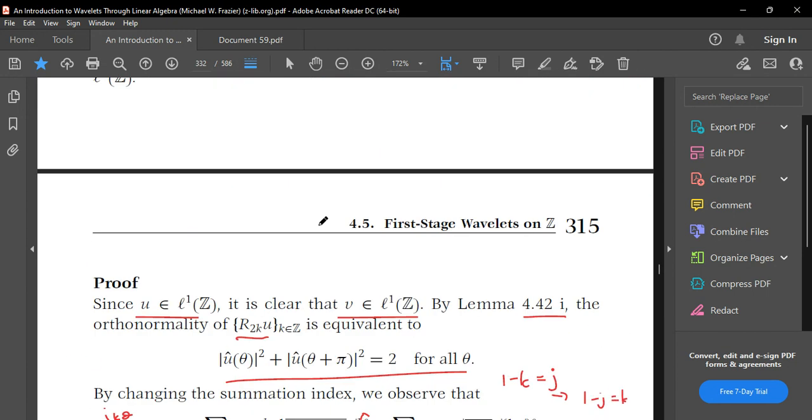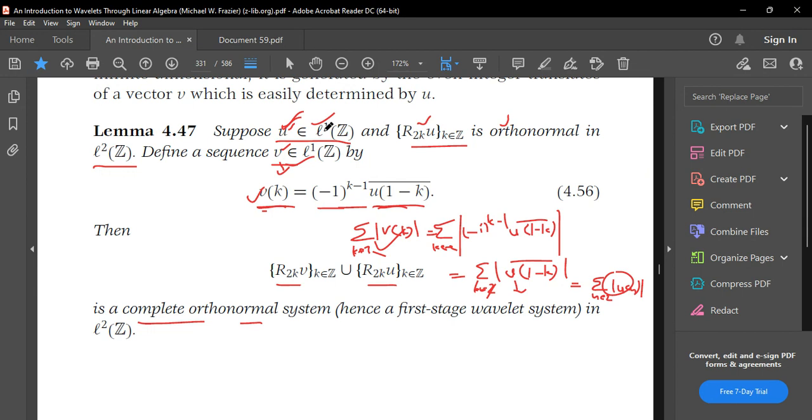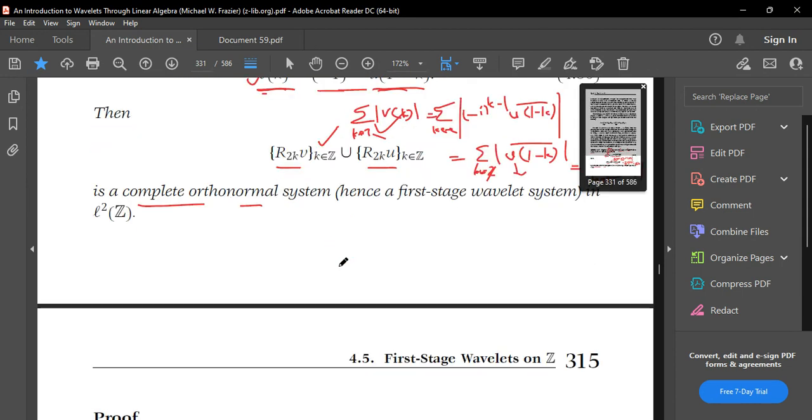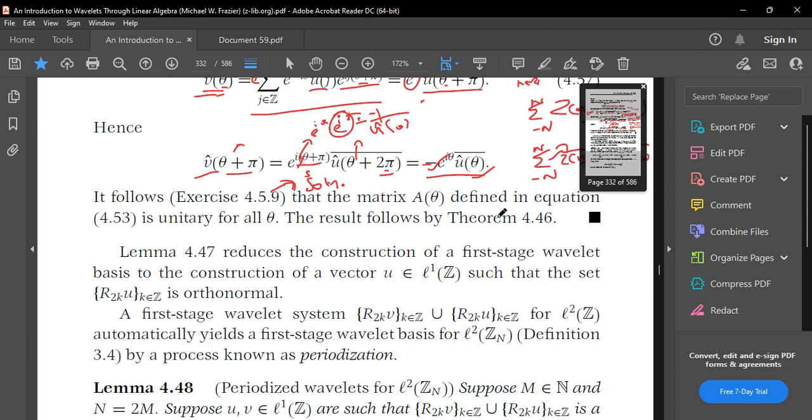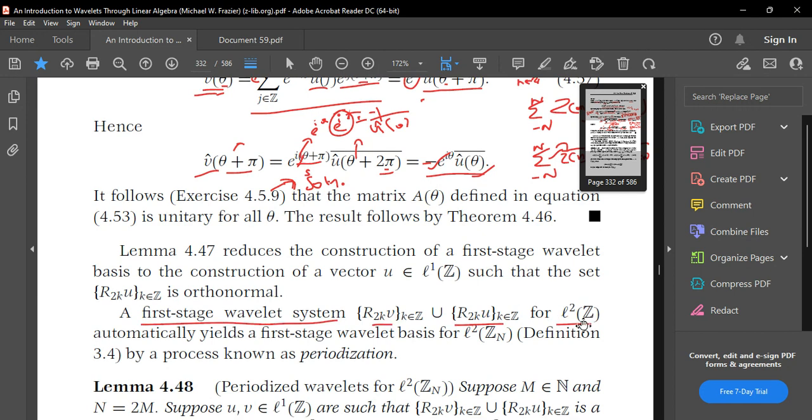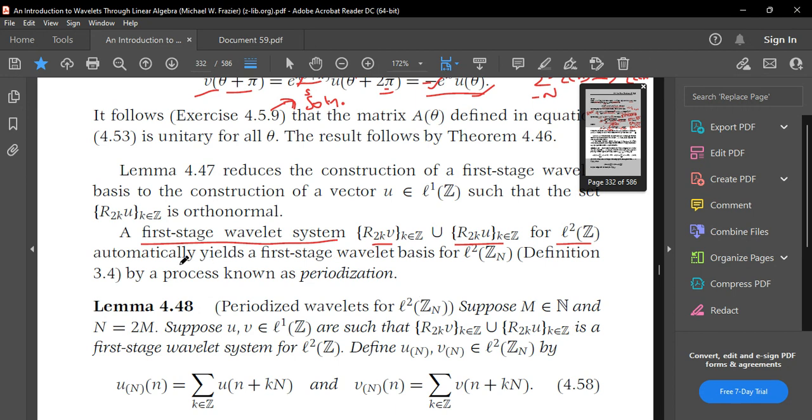So what we have proved is that if we take u such that R2k u is orthonormal, then construct v from u, and this set will be an orthonormal system, that is the first stage wavelet system. Now we produce a first stage wavelet system R2k v union R2k u of l2 of Z, which yields a first stage wavelet basis for L2 of Zn in the finite case.